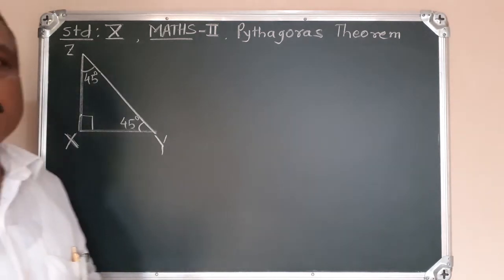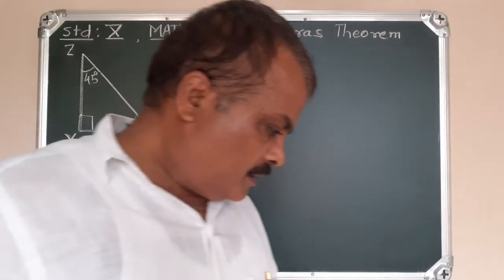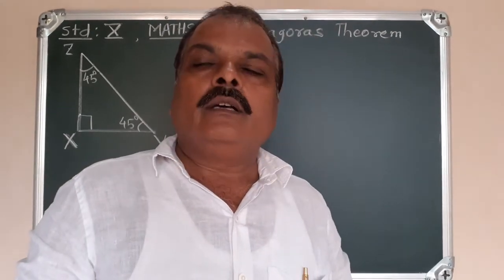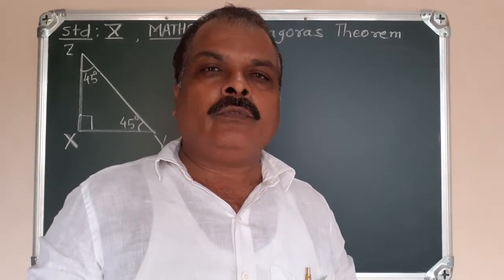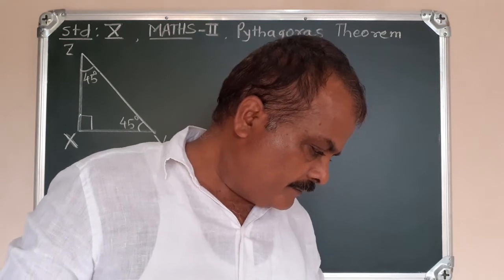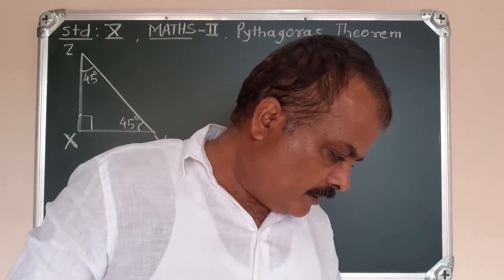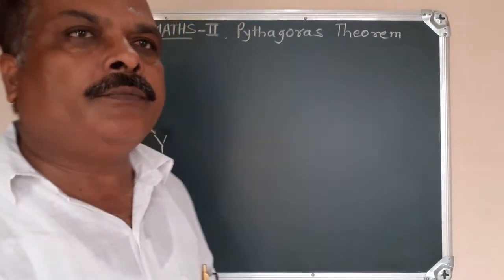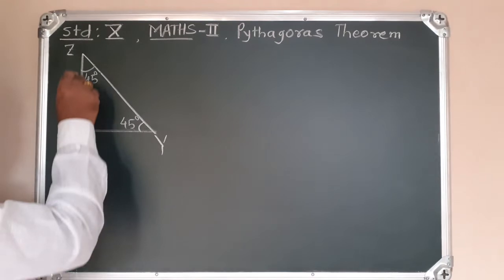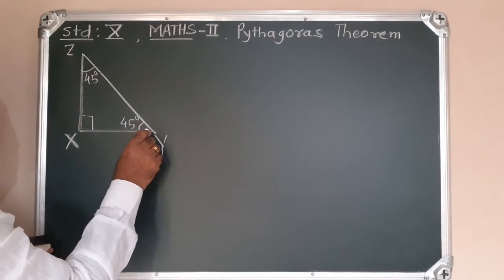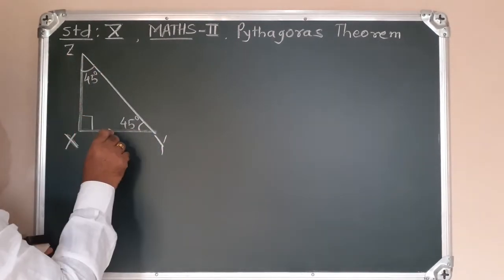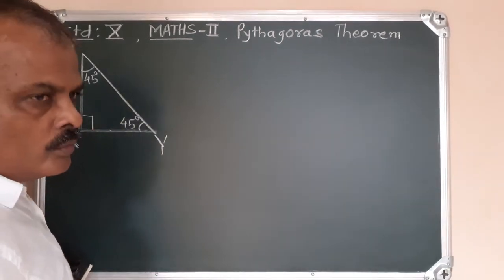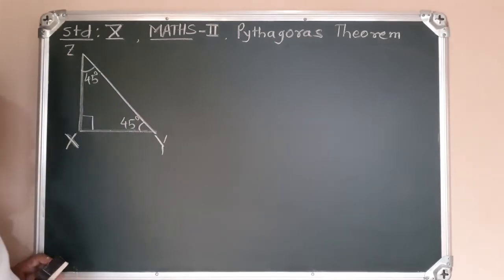If the acute angles of a right angle triangle are 45 degree and 45 degree, then the perpendicular sides is 1 upon root 2 times the hypotenuse. The perpendicular sides means this side is perpendicular to this side. So these two are perpendicular sides. So each of them is equal to 1 upon root 2 times hypotenuse.